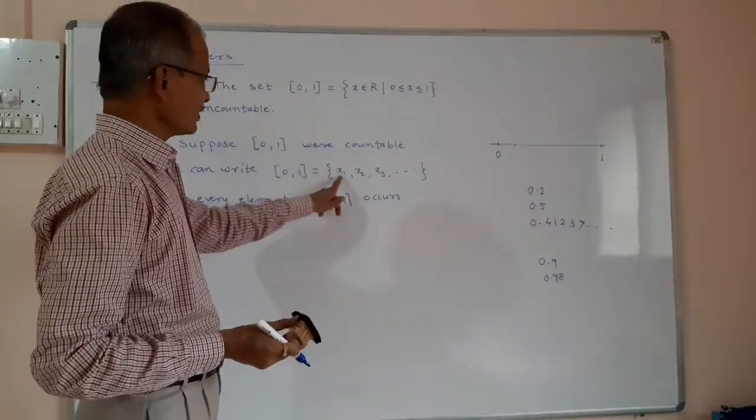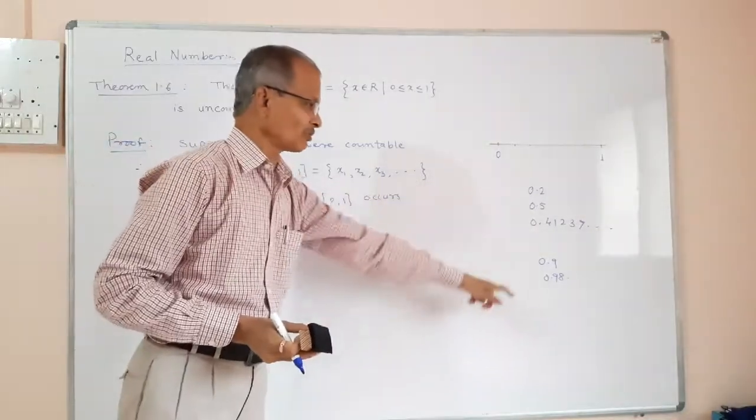Therefore each number x1, x2, x3 will be of this form.